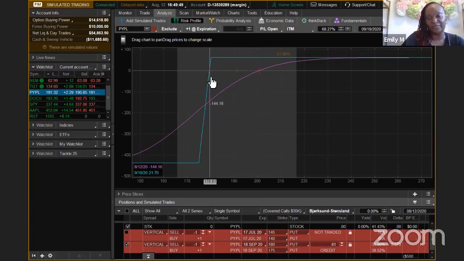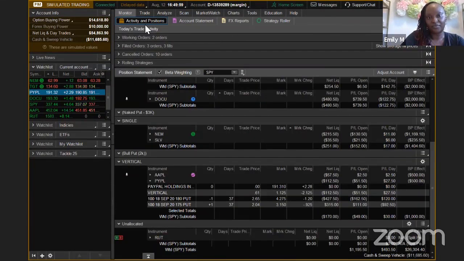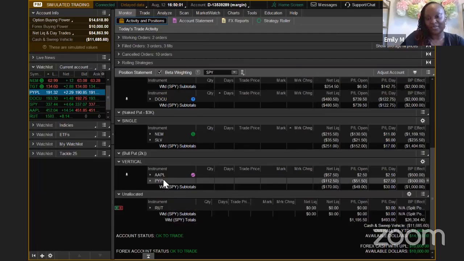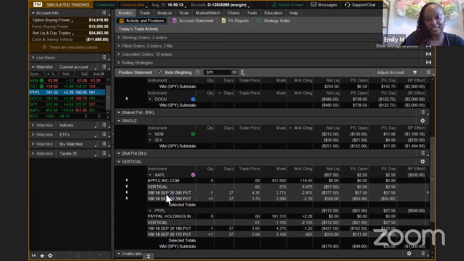There's your break even point. Down slightly a little bit, but nothing to be too concerned about. It's still quite a ways before it touches my strike price. And it'll be the same thing. I'm down 51, gained a little bit of that back again today, but again, still quite a ways, still got a ways to go. 37 days left in the trade on PayPal, 37 days left in the trade on Apple.